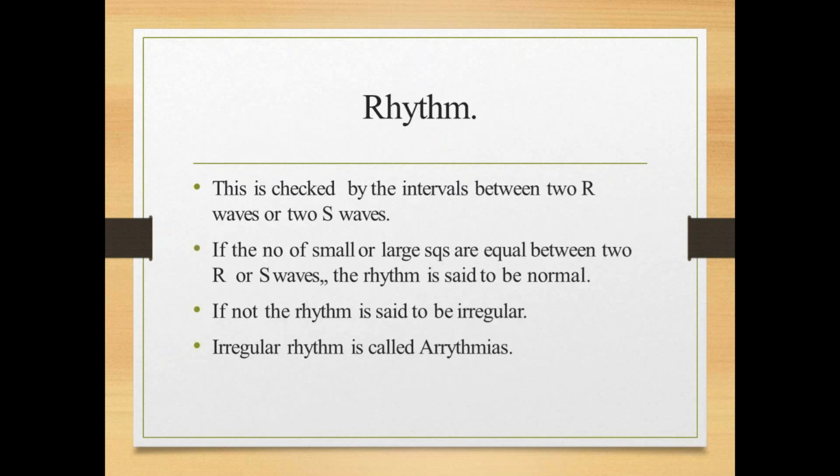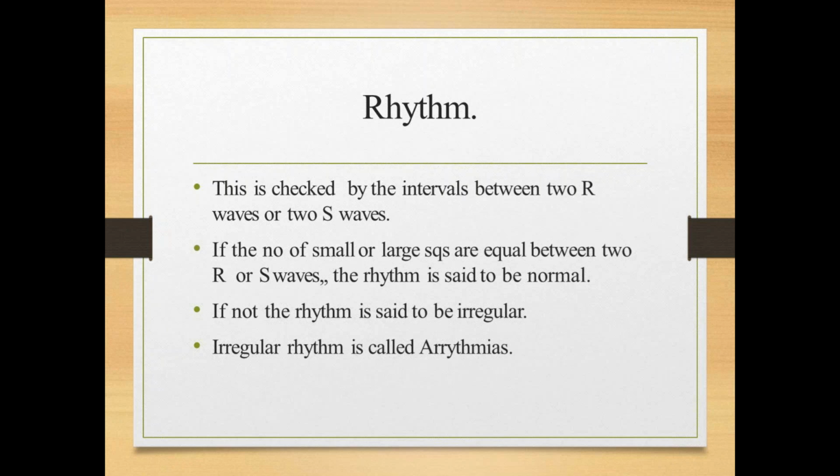Now coming to the next aspect, that is rhythm. The rhythm of the heart is checked by the intervals between two R waves or two S waves. If the number of small or large squares is equal between the two R waves or S waves, the rhythm is said to be normal.